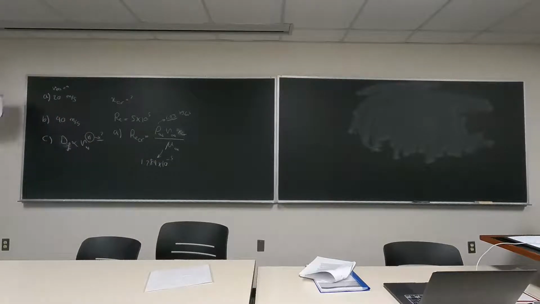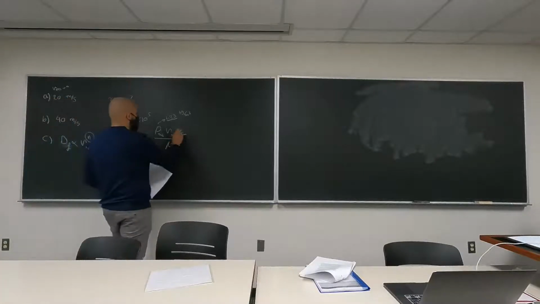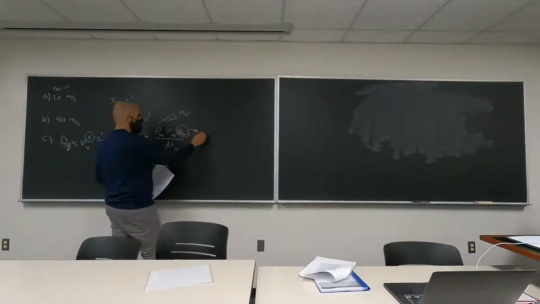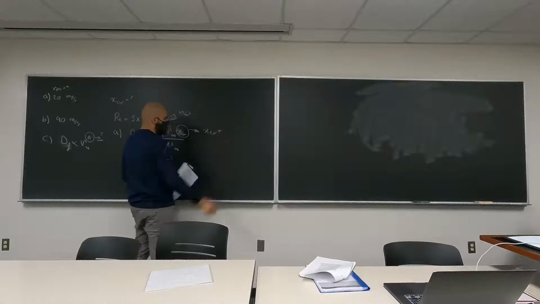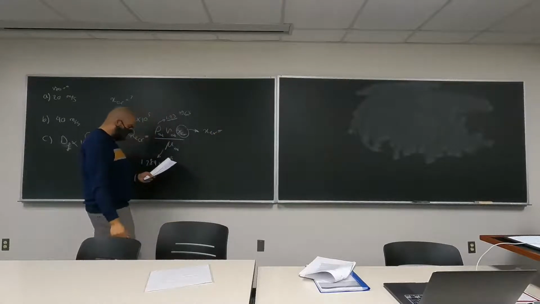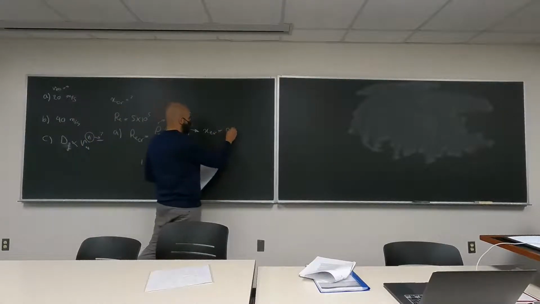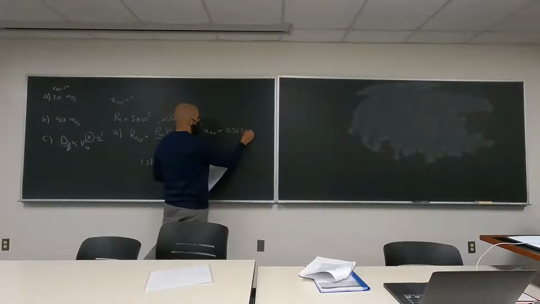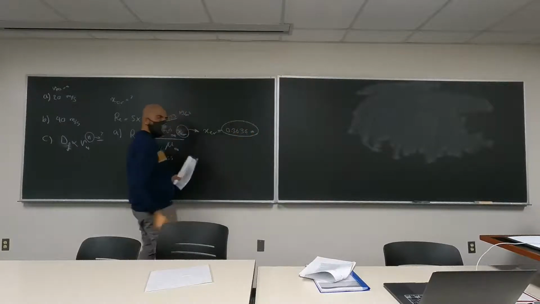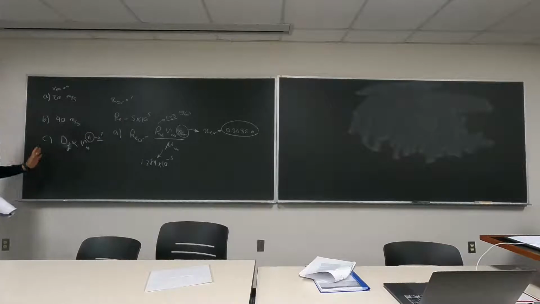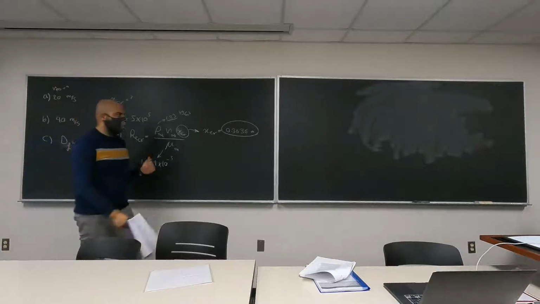Velocity is 20 for part A, 40 for part B. We also have the Reynolds number, so we can find the critical length. I think you guys calculated this part on Thursday, right? So we already have this value for part A.